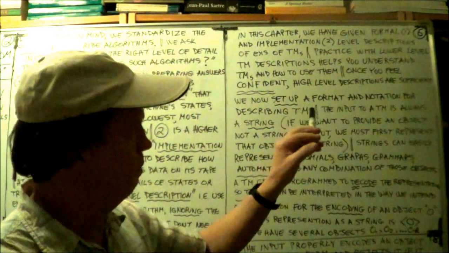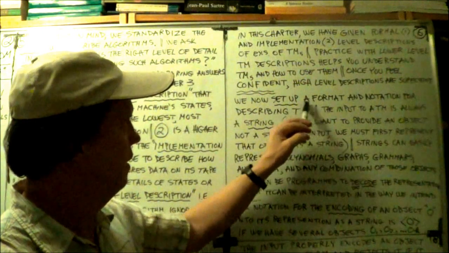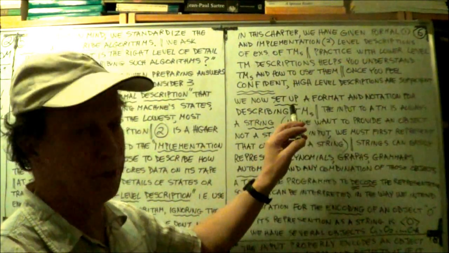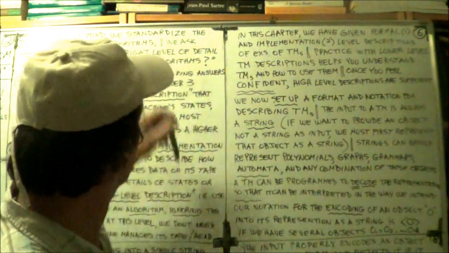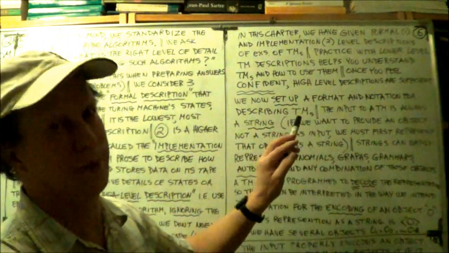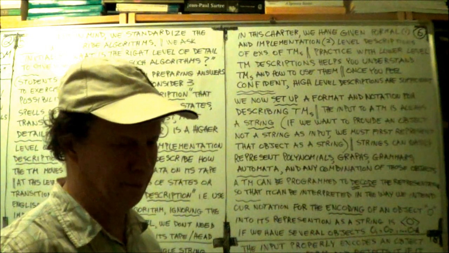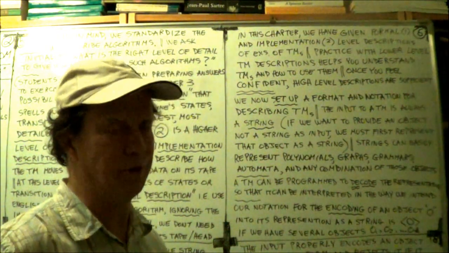Okay, I've been saying that. This is taken verbatim, literally from the text, and you notice we've been talking about describing algorithms, and here he's got describing TMs. I don't know if that's a slip, but it doesn't matter because effectively they're the same, right?